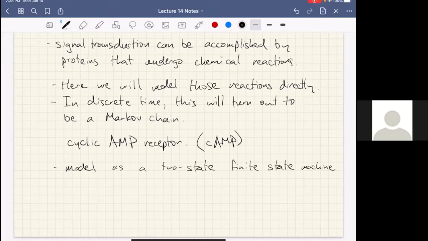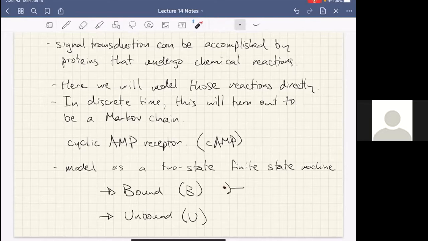The two states are called bound, or B, and unbound, or U. In the bound state, your receptor has a ligand. So a ligand of cAMP is attached to the receptor, and it's producing second messengers. In the unbound state, the receptor is quiescent. It's just sitting there waiting for a ligand to arrive and not doing anything.